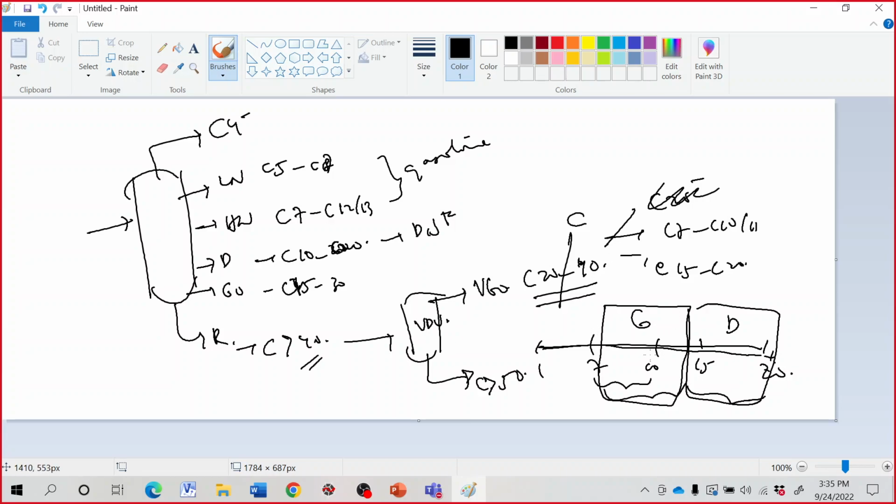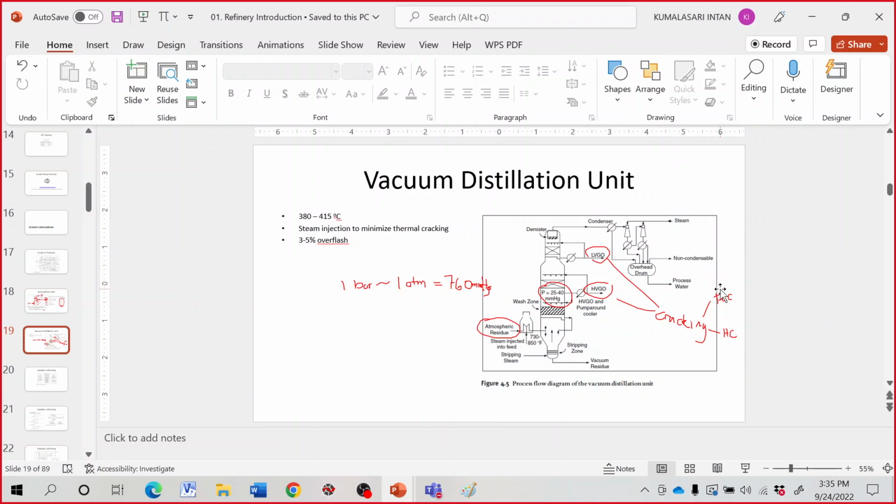If we assume this is a very rough approximation, if we assume this to be 100%, we will have gasoline in this range, diesel in this range, and some lights in this range. So the job of that catalyst is to minimize this and get more of this and more of that. That's basically the job of the catalyst in these two processes.